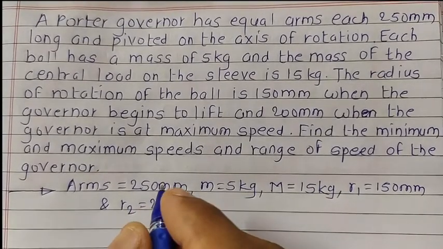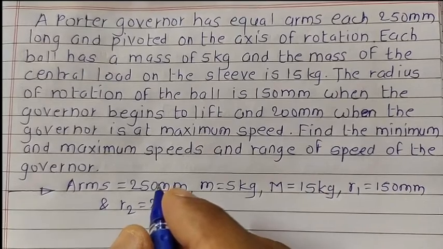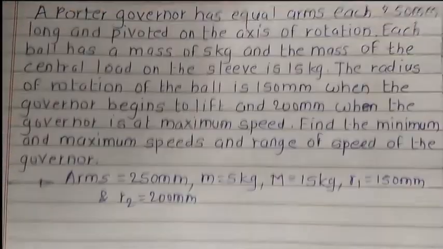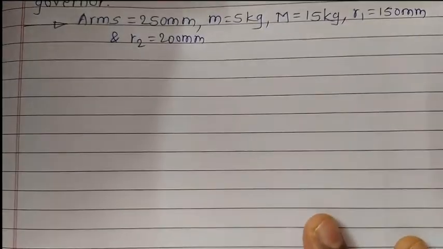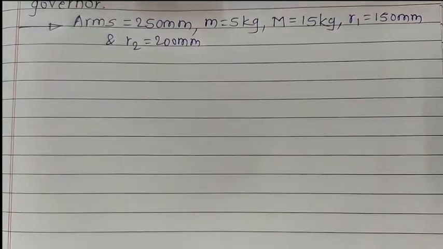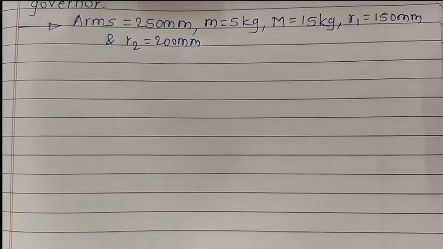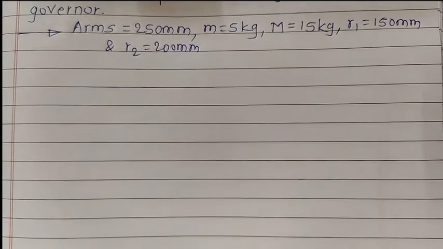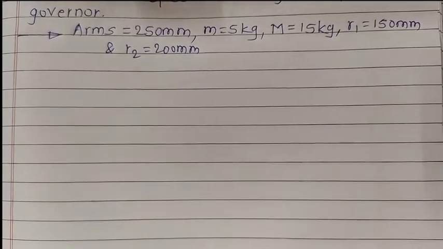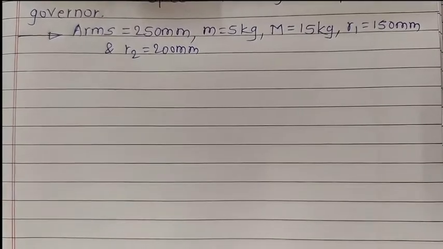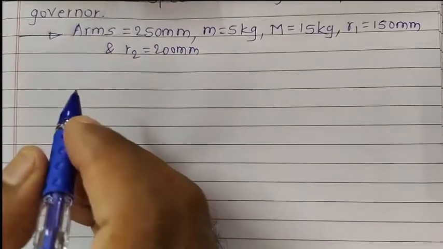Okay, so first of all, draw the configuration of minimum and maximum positions by considering the minimum and maximum radius of rotation.